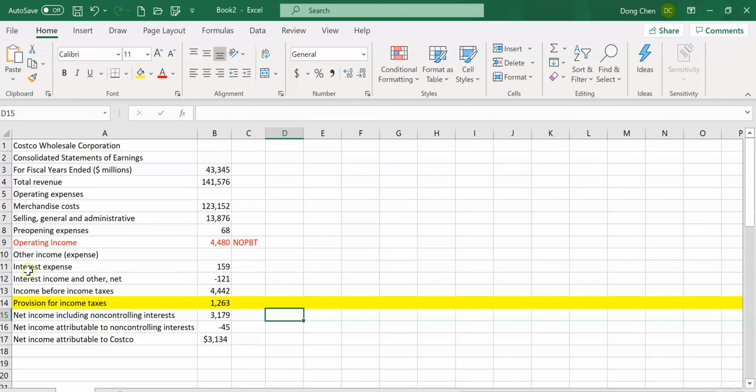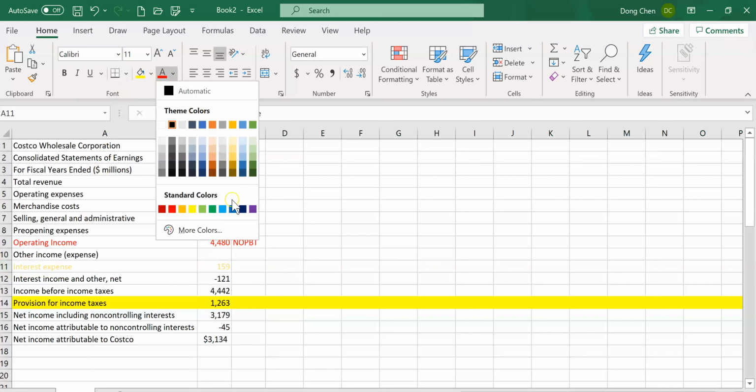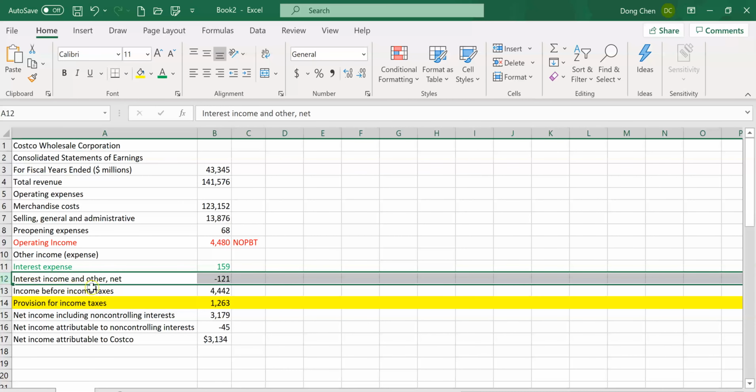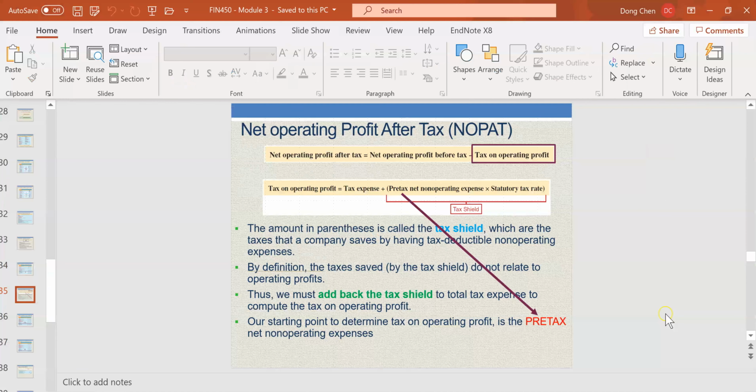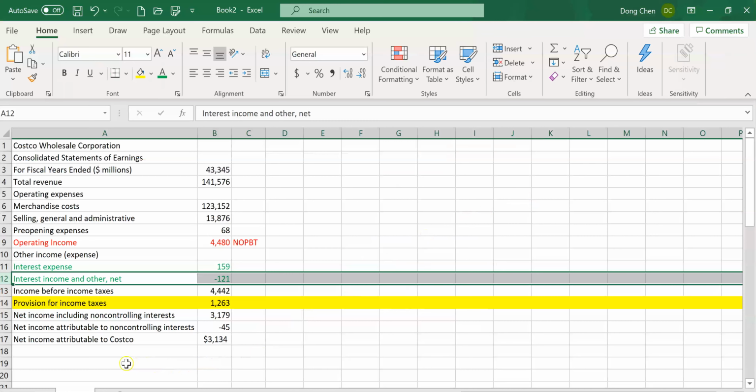That includes the net interest expense, let me mark this in green, and interest income and other, net. The sum of these two is the pre-tax net non-operating expense. And the statutory tax rate is provided, so we don't have to worry about that.